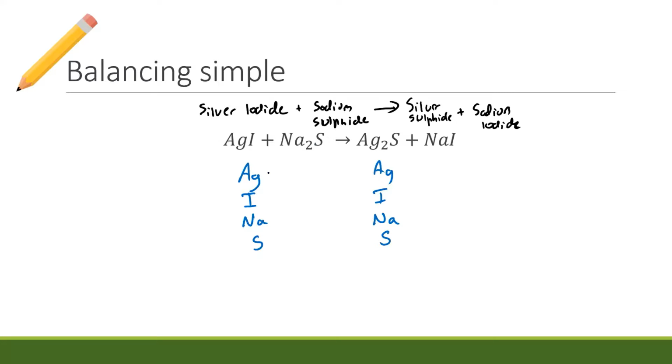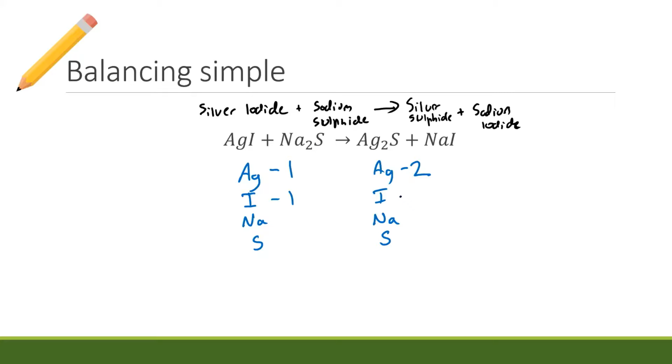Then I count how many of each there are. How many silver atoms are there on the left-hand side of this equation? One. How many on the right? Two. Iodine, how many on the left? One.